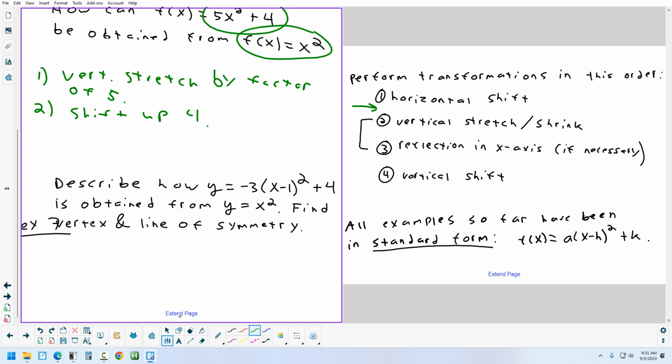Let's try this one. So it's -3, and then in parentheses, x minus 1 squared plus 4. Cami, looking at this one, how many transformations do you think we're going to have to describe there?